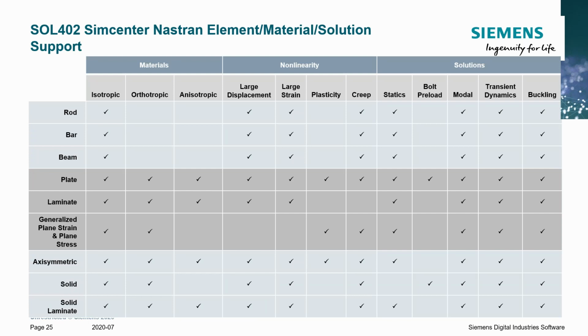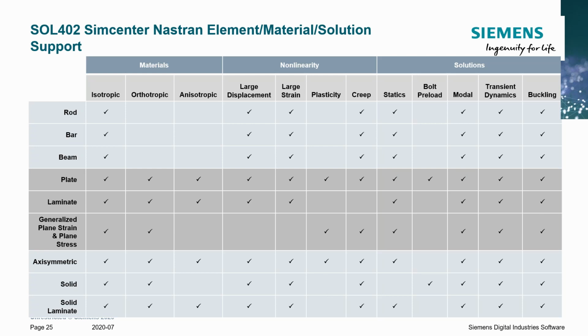Okay, here's a little chart, or kind of an eyesore chart, I call it, showing the different types of materials that are supported in 402. You notice that creep is supported for basically all of the element types except for the laminate. And then also plasticity, there is some limitation on the plasticity.